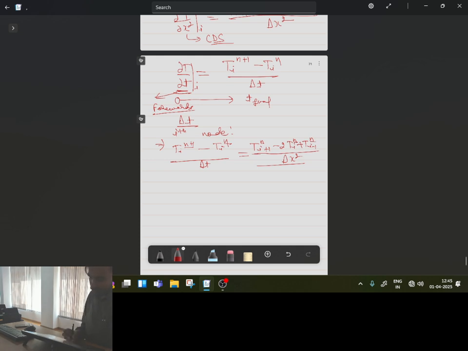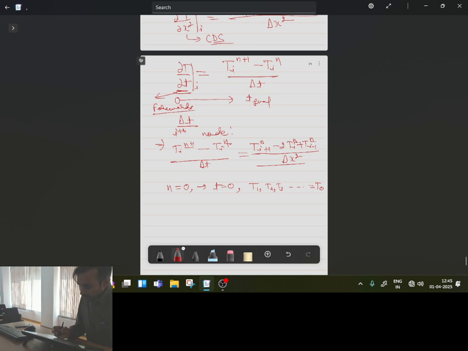In this scenario, what will be happening? Say my n is equal to 0. It means I am working at the starting condition, the initial condition, which is t equal to 0. At this point, what was the temperature of all node points? T1, T2, T3, and so on, all will be equal to T0.